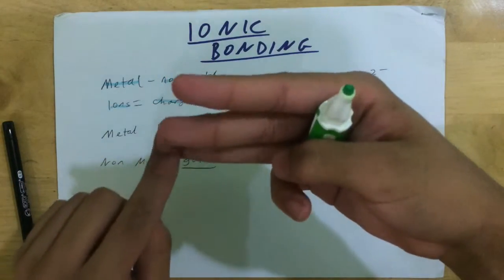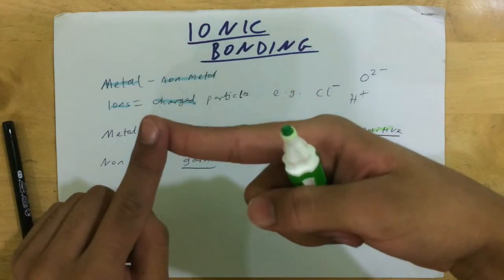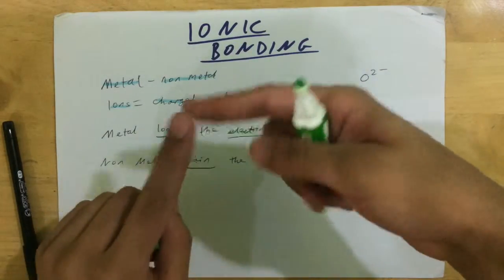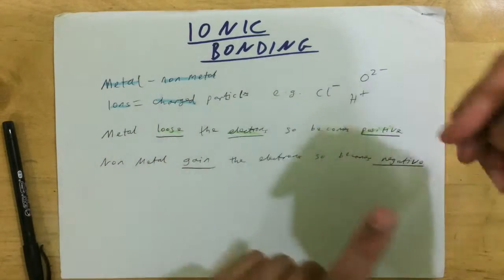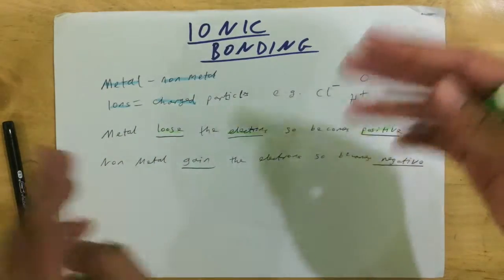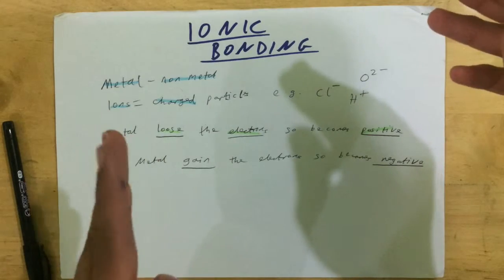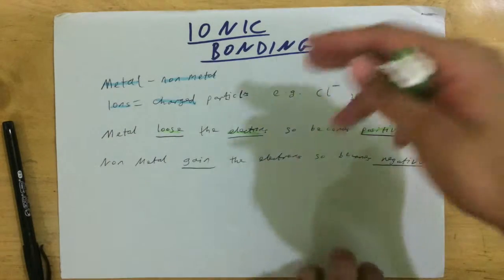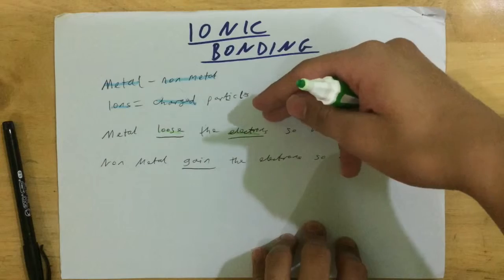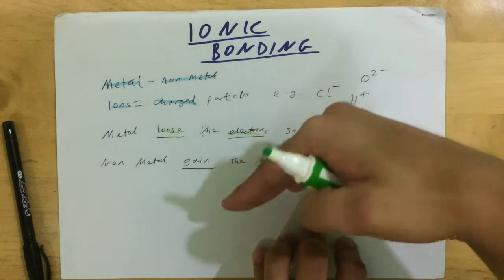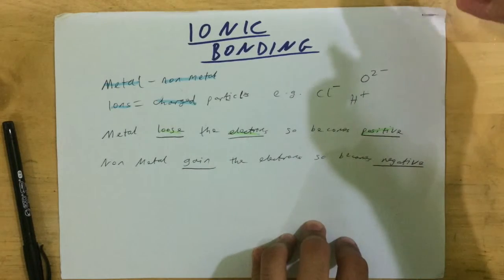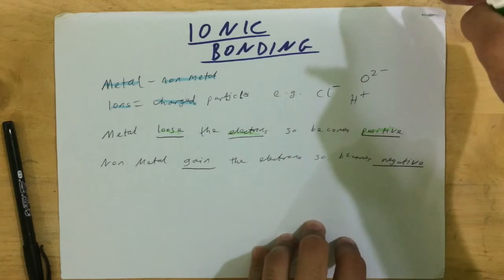And the reason it has no charge is because the number of protons is equal to the number of electrons. Protons have a charge of +1, electrons have a charge of -1, so they cancel each other out. But if the metal loses some electrons, then you will have more protons than electrons, so overall it becomes positively charged.